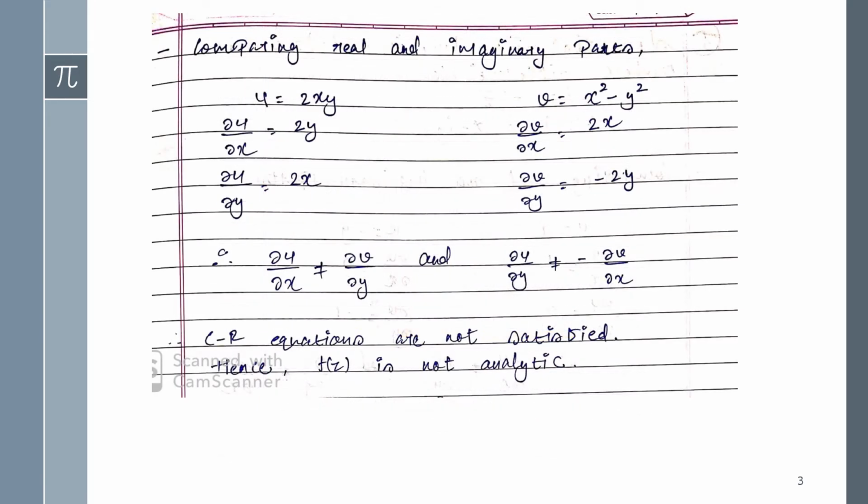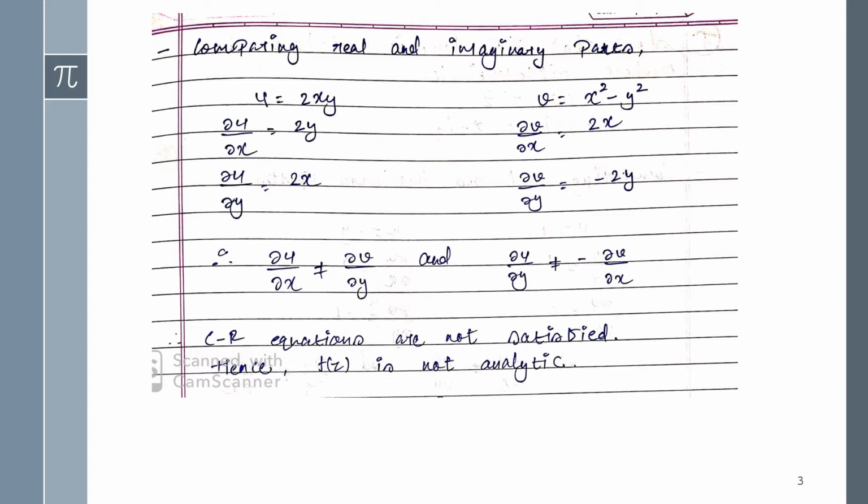Okay guys, now see why I have found u and v here: because, as you all know, here you have to find whether the function is analytic, that is, at which point it is analytic or not. For that, in our previous session we applied f of z equals 0, that is, we set the denominator equal to 0. But here you can see that there is no denominator given.